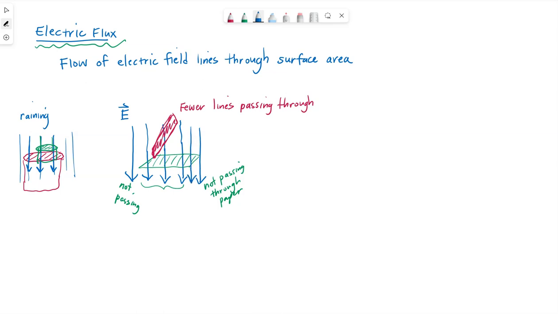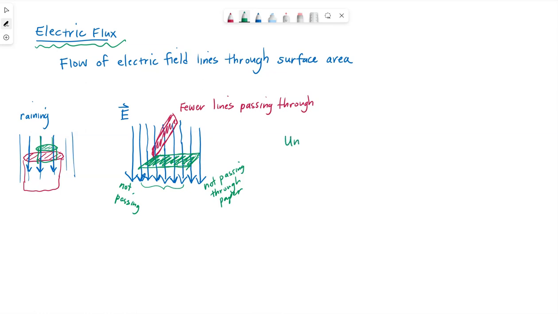But if I had drawn, say, twice as many lines, that would have represented a much stronger field. So the strength of the field determines how many lines we draw here. And then the orientation of whatever surface area that we're talking about the field lines passing through.